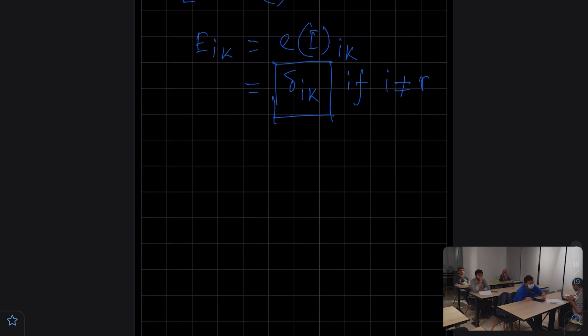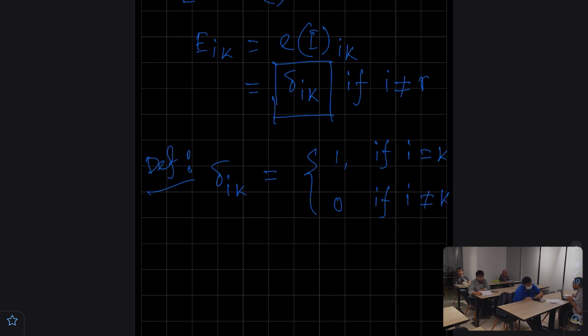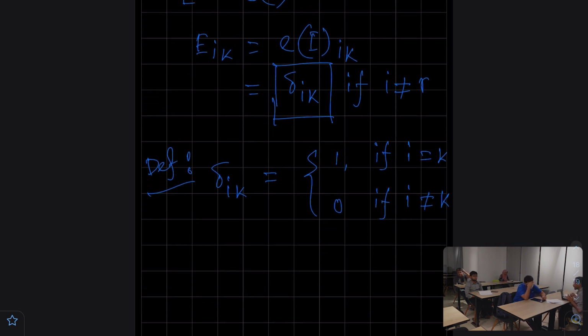Okay, so delta ik is defined as 1 if i equals k, 0 if i is not equal to k. So you can interpret an identity matrix in terms of the Kronecker delta. So that means Eik is equal to delta ik if i is not equal to r.